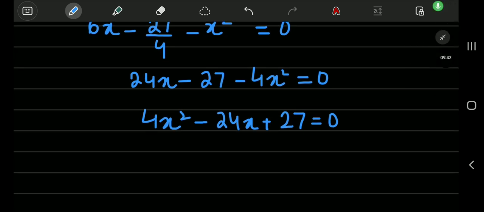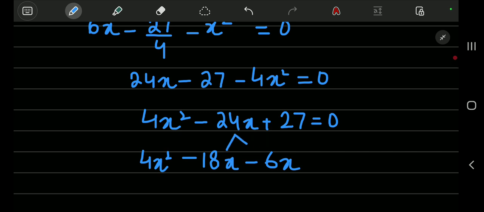we will get two factors, minus 18x and minus 6x. Upon multiplication this will give you 108, the product of 27 times 4, and upon adding it will give you minus 24x. You can either use the breaking of the middle term, or you can use the quadratic formula.